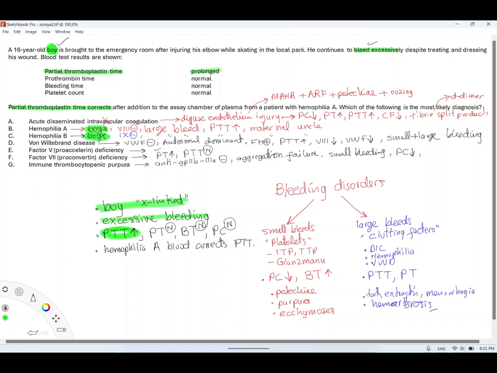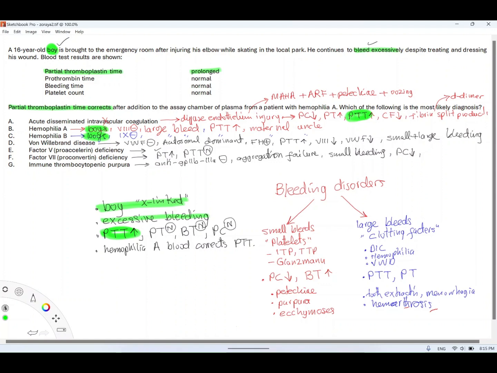Whichever disease has PTT increased. We have PTT increased in DIC, but we know that in DIC PT is also increased, and we want PT normal, bleeding time normal, platelet count normal. So A is not our choice.